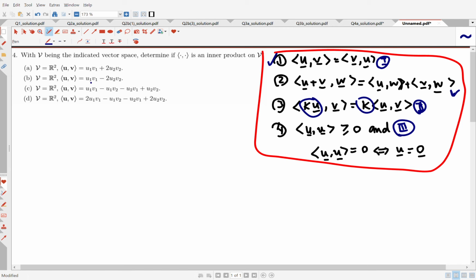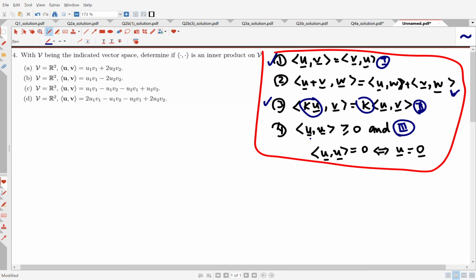So change this to ku, meaning ku1 v1 minus 2 k u2 v2. So by taking the k out, the inside will remain uv, right? So this is also true.